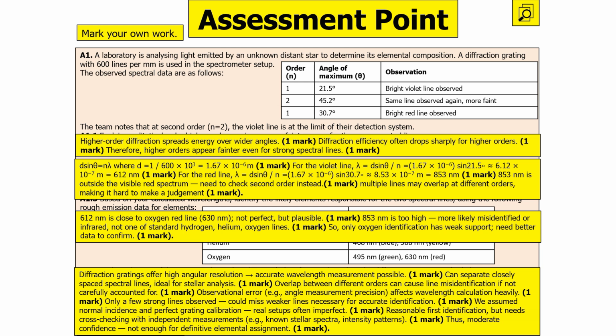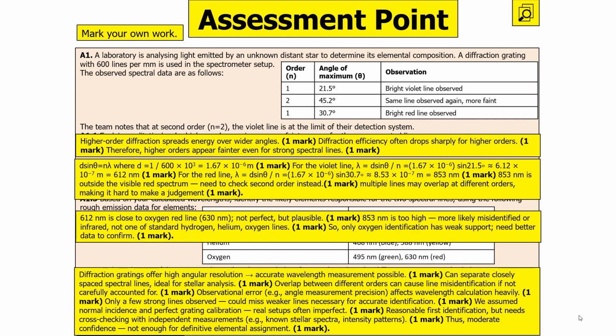Only a few strong lines will be observed, and you could miss the weaker lines necessary for accurate identification. We assume normal incidence and perfect grating calibration. Real setups often aren't perfectly calibrated. It's a reasonable first identification but needs cross-checking with other independent measurements, so you have a bit of confidence, but it's not enough for a definite elemental assignment.